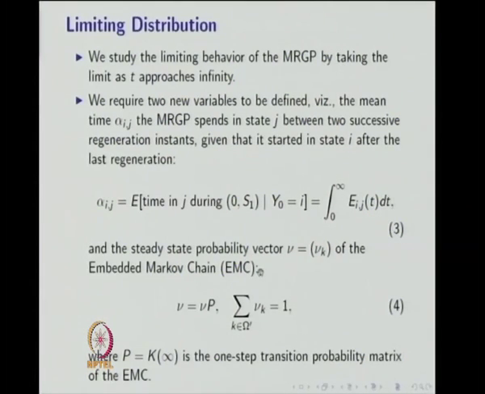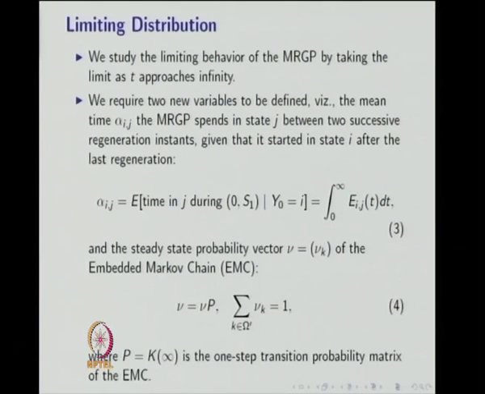And the second is the steady state probability vector V of the embedded Markov chain. That means V is equal to VP and the summation of Vk is equal to 1, where k belongs to omega dash, and P is the one step transition probability matrix of the embedded Markov chain.